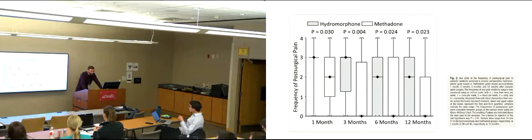Right. So black diamonds are medians, right? Because the bar graphs look terrible. Right, this is the ordinal scale. And these are quartiles, not standard deviations.